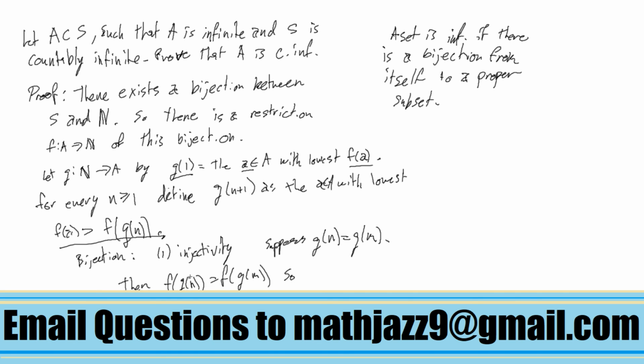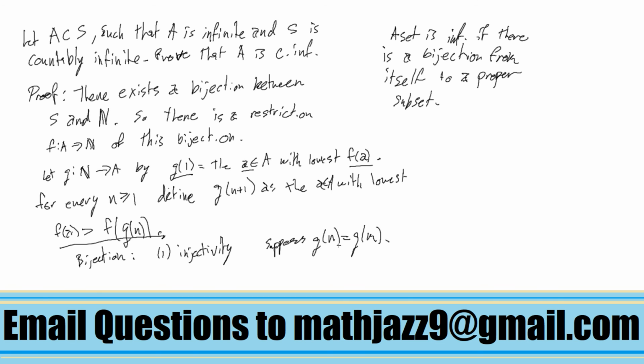So they have the same output value, which means they came from the same. No, that doesn't quite prove that. Suppose g of n equals g of m. So we're grabbing the same A value. Same A in A. Okay.